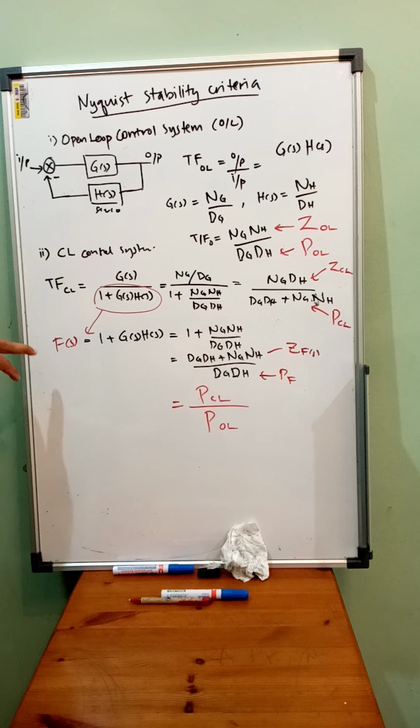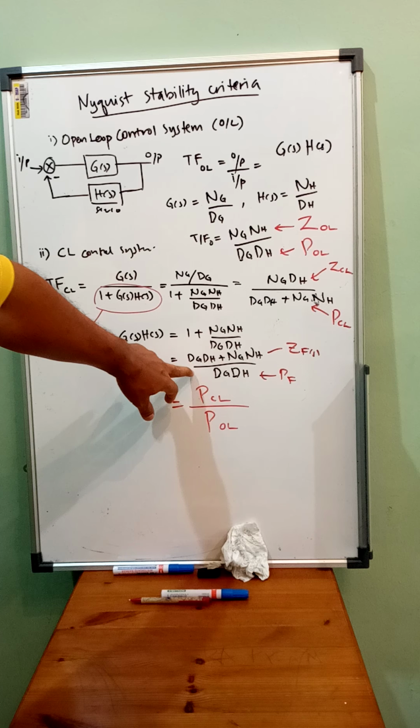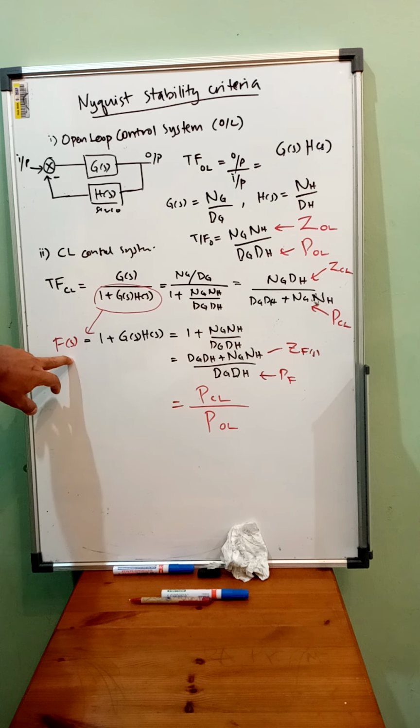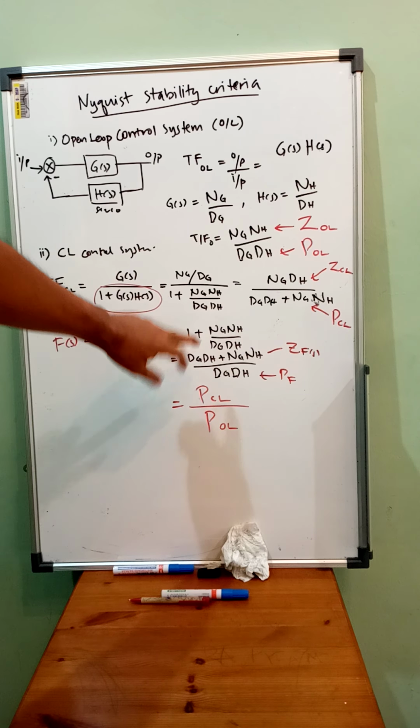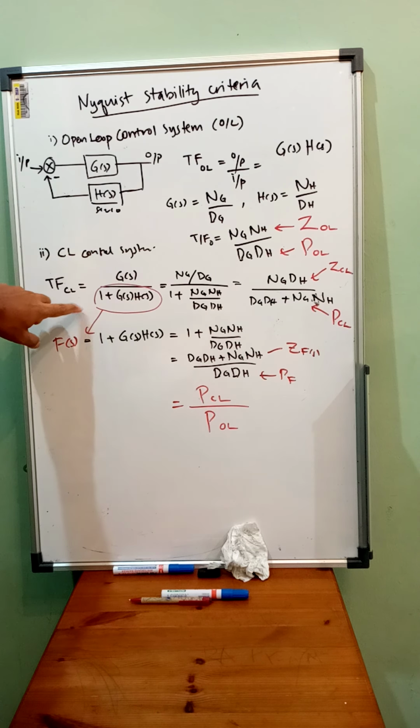The F(s) equation is very important for determining the stability of the open loop and closed loop control systems. Also from this equation, we can map the relation between the zeros and poles of F(s), and correlate them with the poles of the open loop and the closed loop control system.